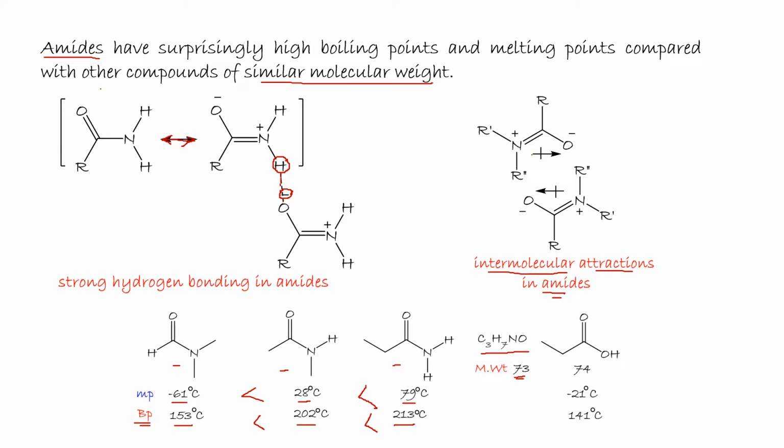If we compare these to the acid, propanoic acid with 74 molecular weight, we will see that the melting point here is a little higher and the boiling point is lower than even the tertiary one.